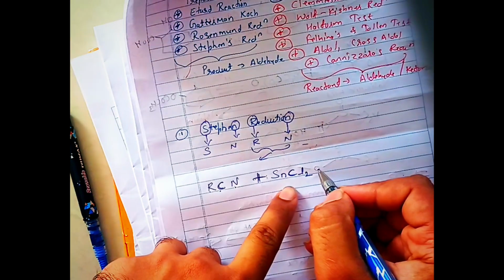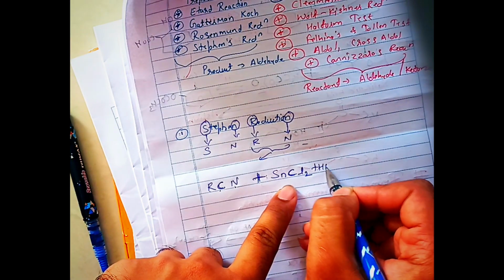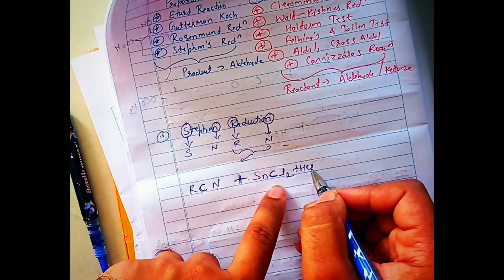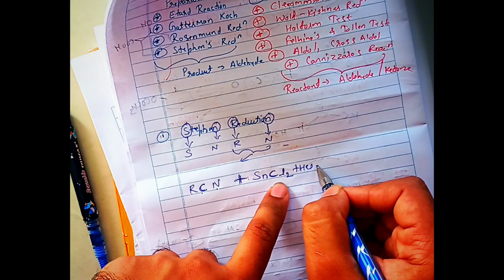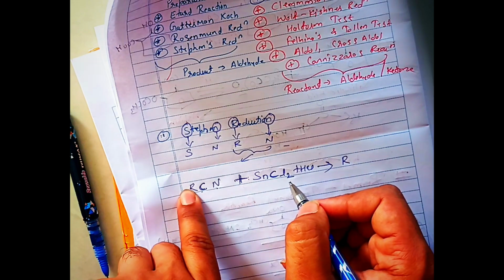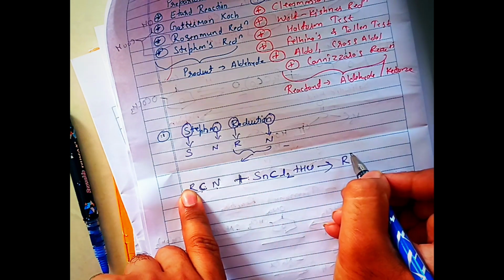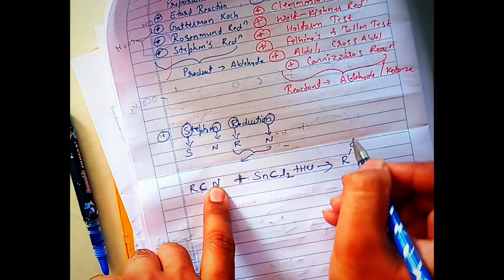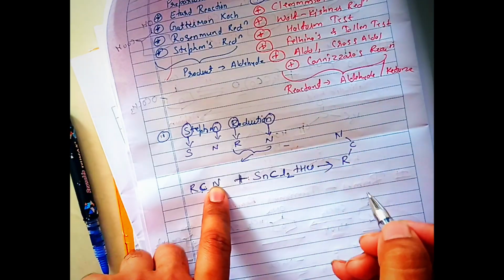Then I can add HCl, meaning in the acidic medium it is optional. Then I will write the R, then this C, and then this N.